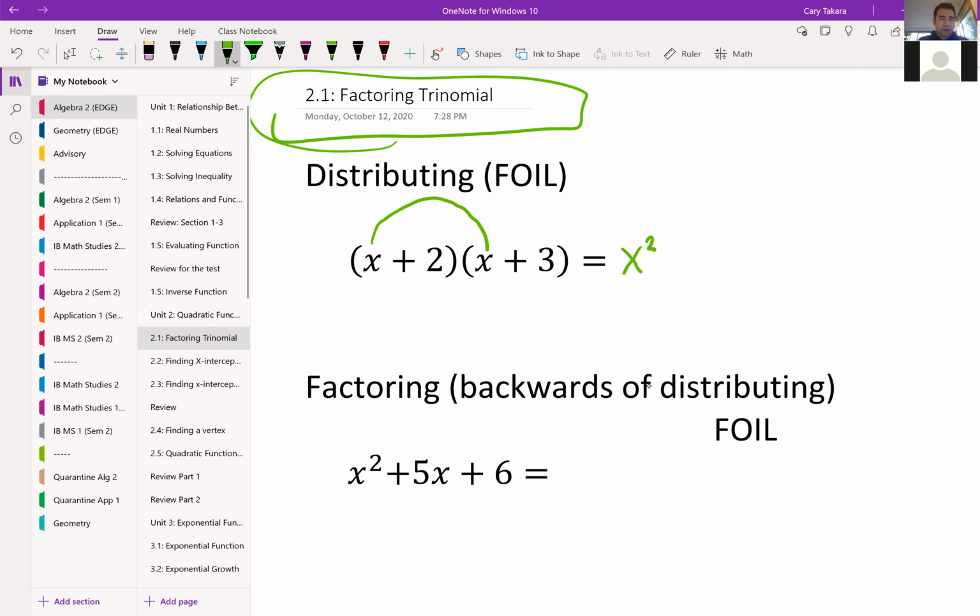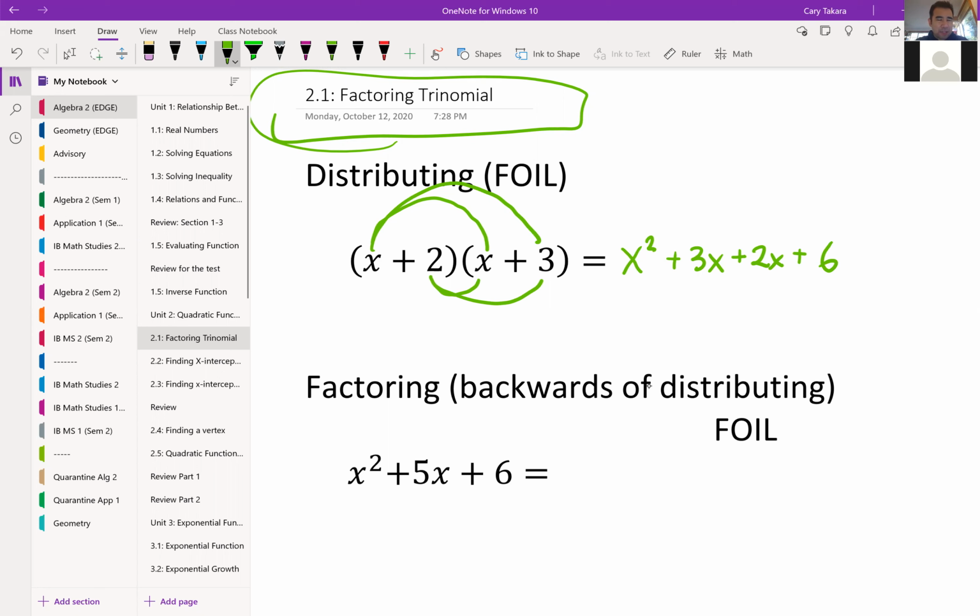That's x squared. And then you do x times 3. That's 3x. Now we're going to do the inside, 2 times x. That's 2x. And then 2 times 3. That's 6.